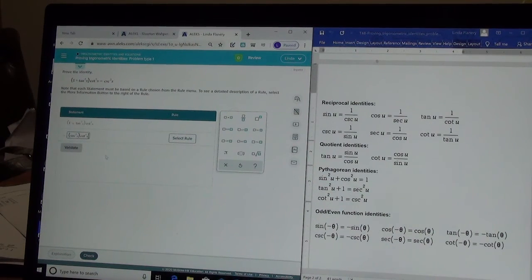So now I'm looking at that and saying, okay, I'm trying to get to the cosecant squared of x. I've got that cotangent squared. So I'm going to look at what kind of things I can change the cotangent into. The cotangent is 1 over the tangent. That really doesn't do much for me. But I see that the cotangent is the cosine over the sine.